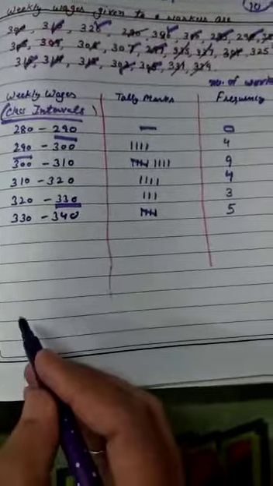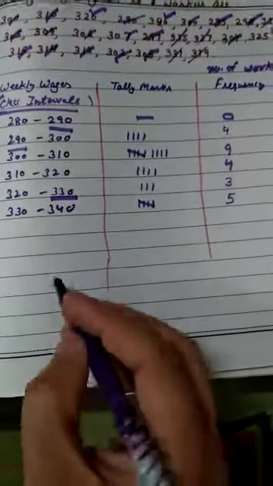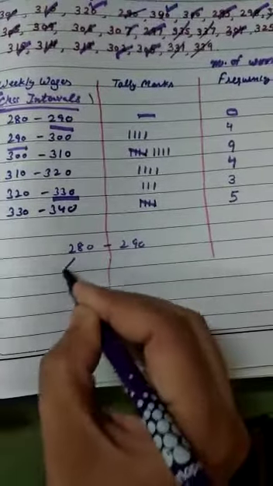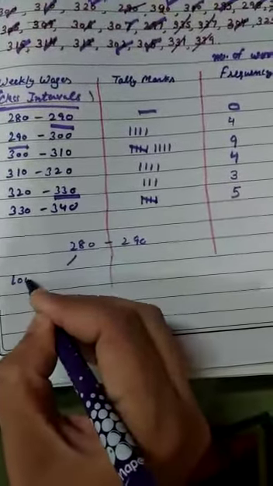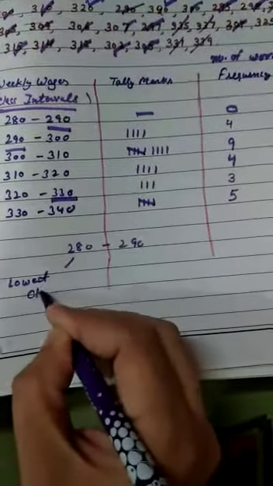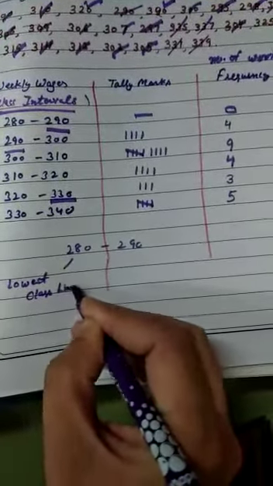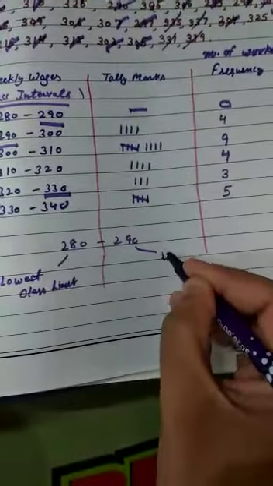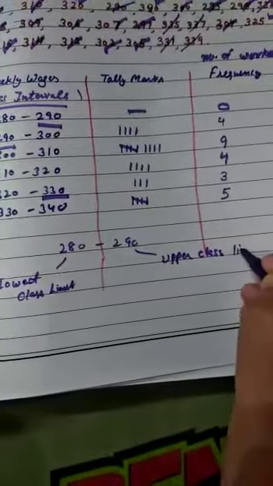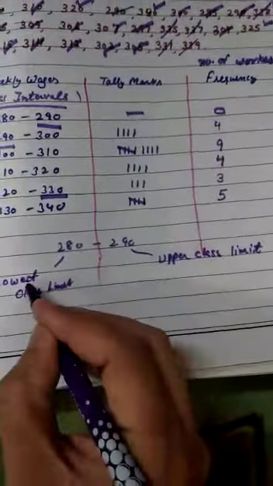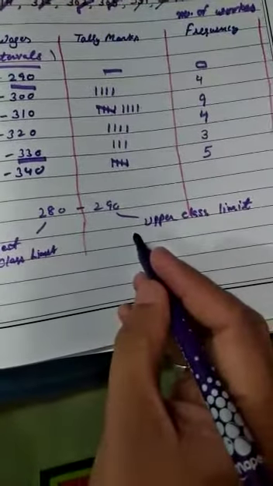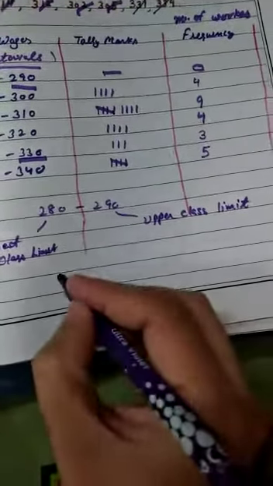Now from this class interval, we can define many things. Take 280 to 290. This is called the lowest class limit, or lower class limit, and this is called the upper class limit.